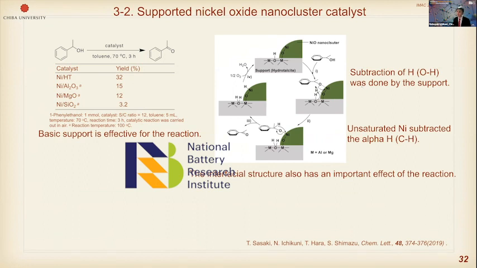Next, the subtraction of the alpha hydrogen occurred at the nickel site. This is a different case. So by using a different support, we can change the reaction mechanism. We found this here, and we also found it by using XAFS analysis.